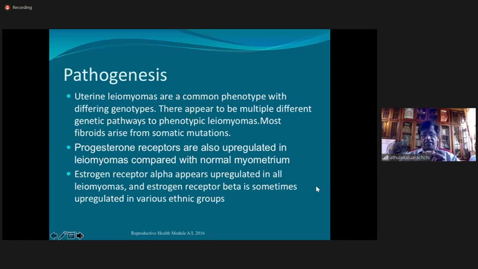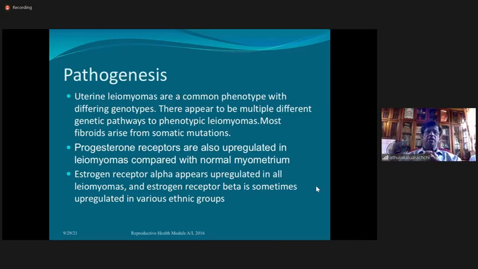So we said it arises from a single cell, and what we know is the fibroid seems to have both progesterone and estrogen receptors, and there is some relationship between its growth and the hormonal environment, especially to a certain extent its growth is estrogen dependent. That is why fibroids can grow during pregnancy.